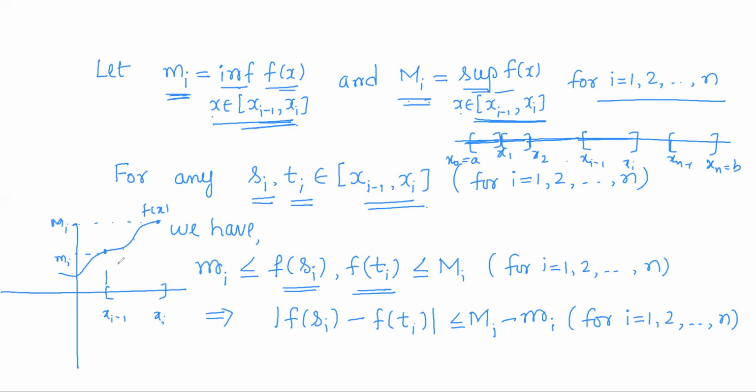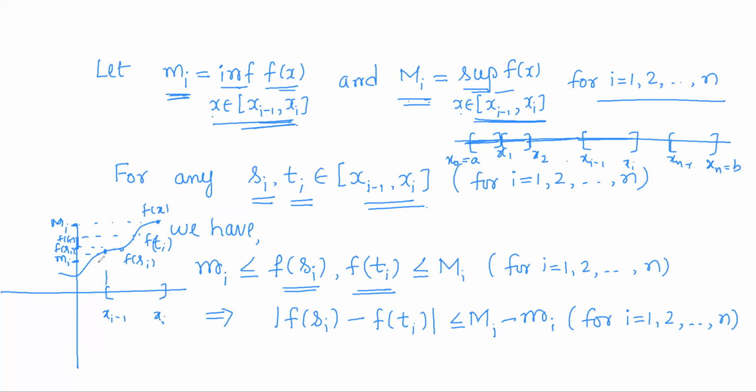In this range only you will get f(si) and f(ti). Both are in between mi and capital Mi. Suppose this is f(si), this is f(ti), this is capital Mi, and this is small mi. In this range only we will get all the function values for the points x varying over [x_{i-1}, x_i]. Now take the difference of these two.